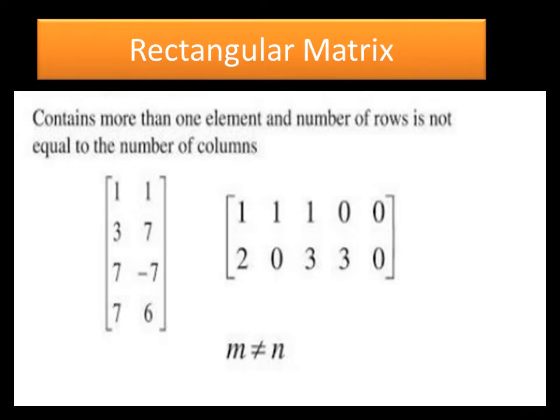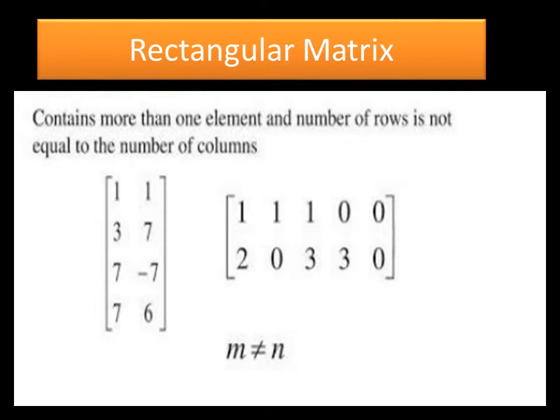Now I explain the rectangular matrix. It contains more than one element, and the number of rows and the number of columns in a rectangular matrix are not the same. As you can see in the first example, here are 4 rows and 2 columns. It means that the number of rows and the number of columns are not the same.